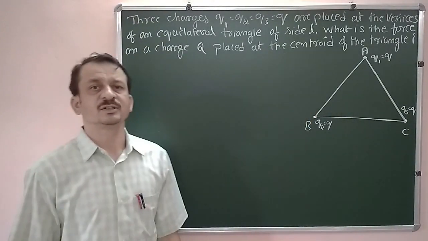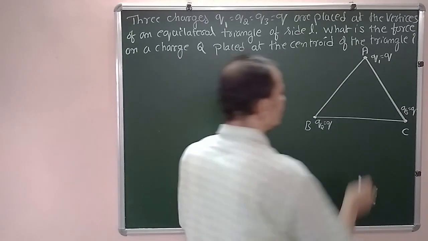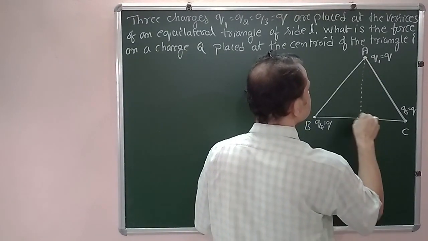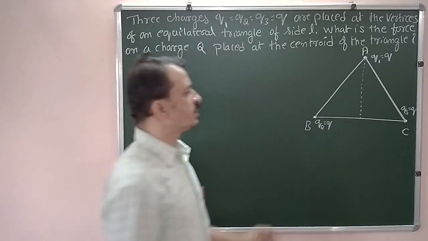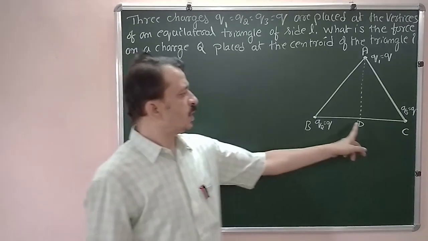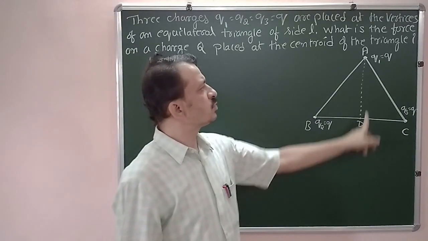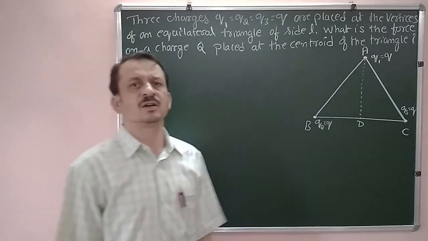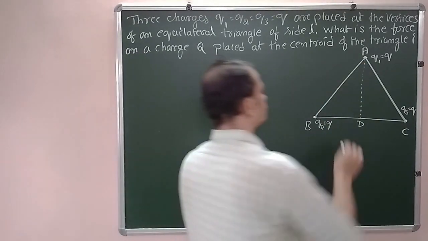What is the centroid? The line joining the midpoint of a side to the opposite vertex. Now if D is the midpoint of BC, this midpoint D is joined to the opposite vertex A, and this line AD is called a median.